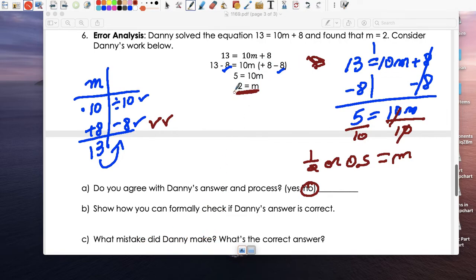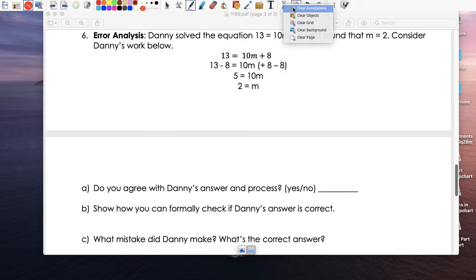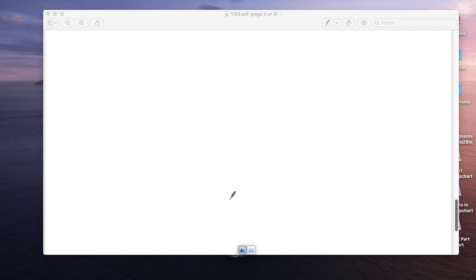I really don't know how she got 2, but I know that we're supposed to divide both sides, right? After we get to this point where 5 equals 10m, we're supposed to divide both sides by 10 to get rid of the coefficient of 10, right? To leave m by itself and to get an answer of a half. Okay, so that's it, I think. Yep, that's it.